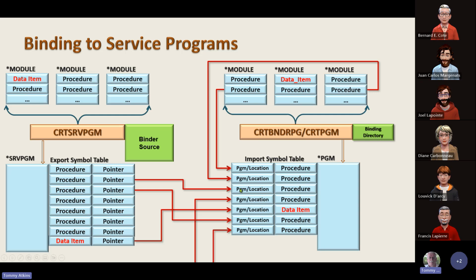So that's where this program location, it's the service program and the location in the export symbol, which contains the pointer to that procedure. That's why you must not move these export symbols around. Otherwise, you have to recompile every program that uses that service program. Not worth it, I promise you. Once it's resolved all the import symbols, it will close the compile and it will compile successfully.